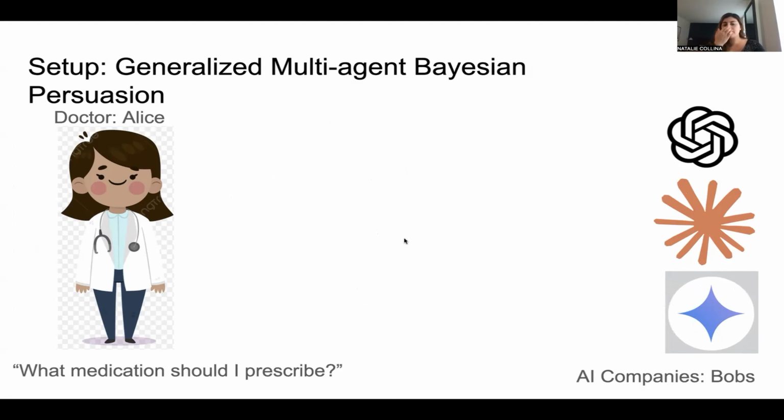For those of you who aren't familiar with Bayesian persuasion, the general idea is you have some state of the world and you have some sender, in this case, senders, and you have a receiver. And the senders have to commit to some sort of a signaling scheme which maps from the true state to a message. And it has to be like a legitimate device, right?